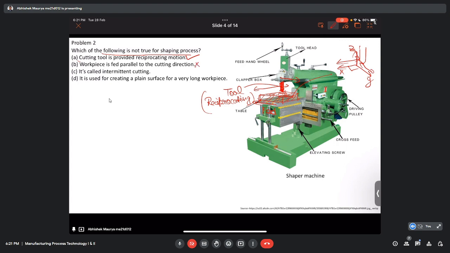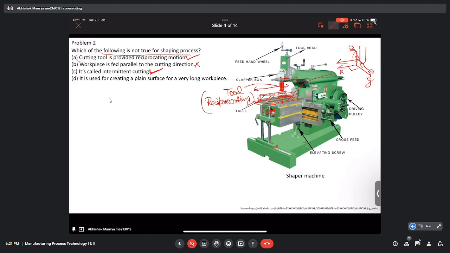And it is called intermittent cutting. Yes, it is called intermittent cutting because after one pass, we are again giving a little feed motion, and then our tool is cutting, then again we are giving cutting motion to the tool. So step by step we are creating a flat surface. That's why it is called intermittent cutting. And it is used for creating a plane surface for a very long workpiece.